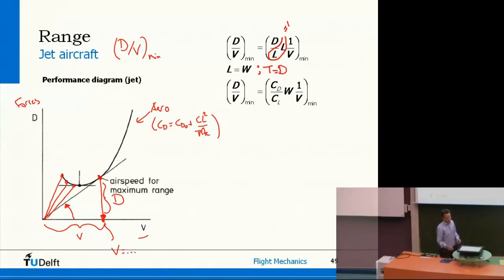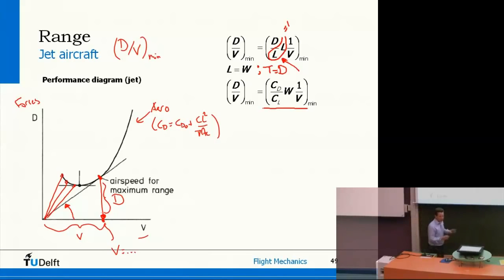So in order to have minimum drag over airspeed, I must have CD over CL times aircraft weight divided by airspeed. Now, airspeed is new. You cannot simply say, well, CD over CL must be minimum or maximum, simply because airspeed, of course, also depends on the lift coefficient. So it's a different solution than we had before.